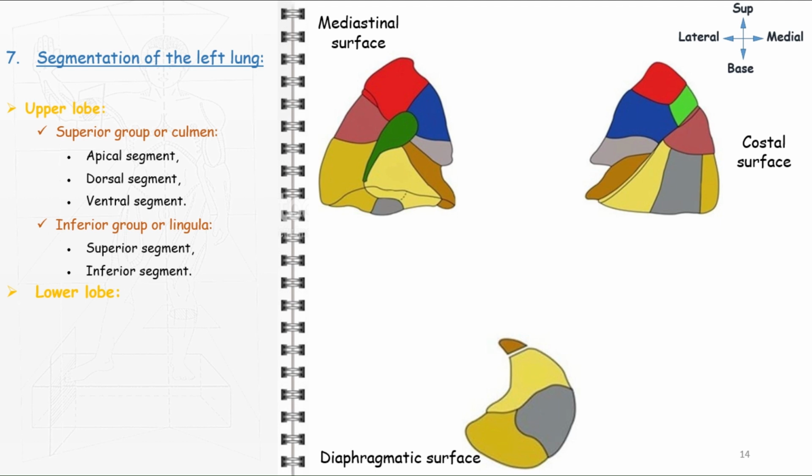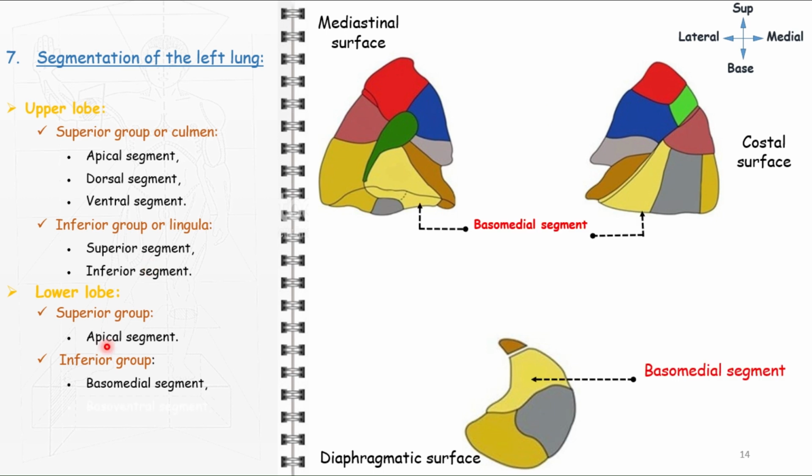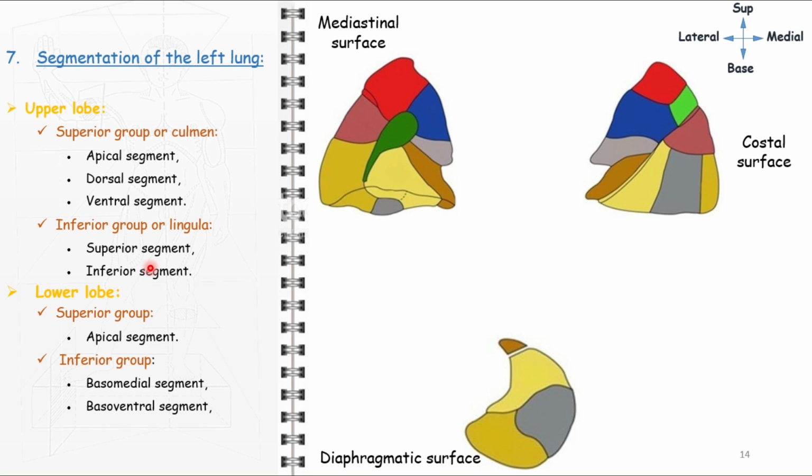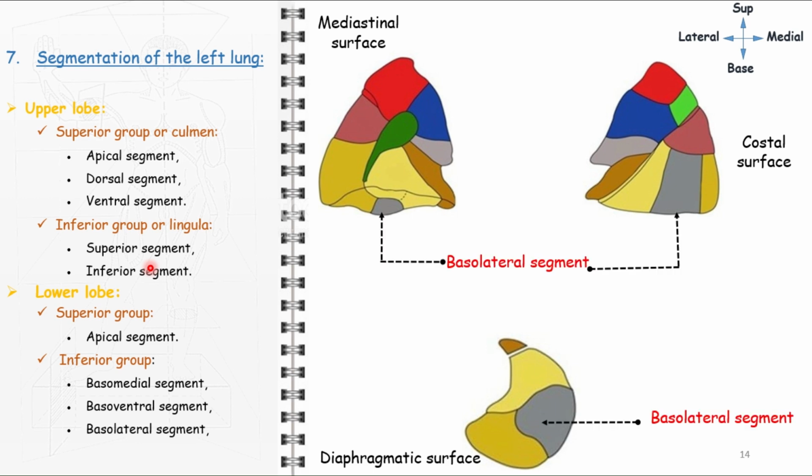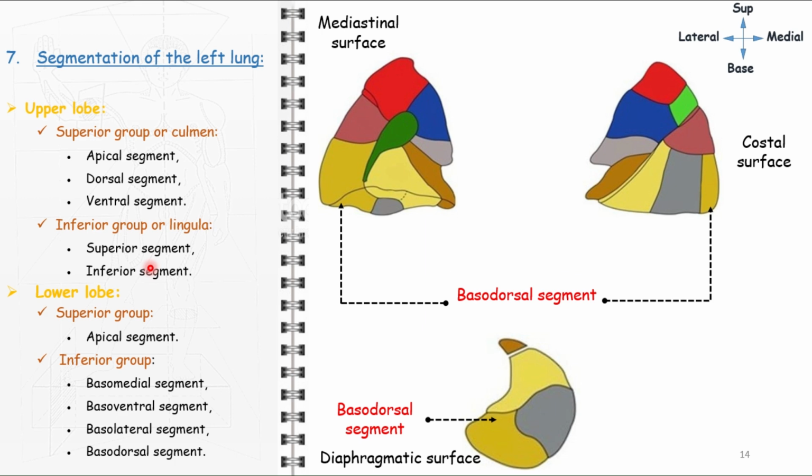It is also divided into 5 segments in 2 groups: a superior group, consisting of the apical segment or Fowler's segment, and an inferior group or basal pyramid, consisting of 4 segments: the basomedial segment, the basoventral segment, the basolateral segment, and the basodorsal segment.